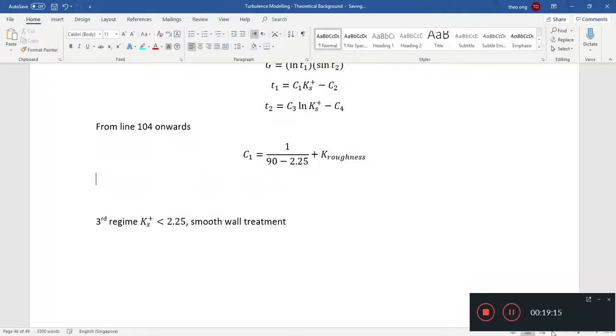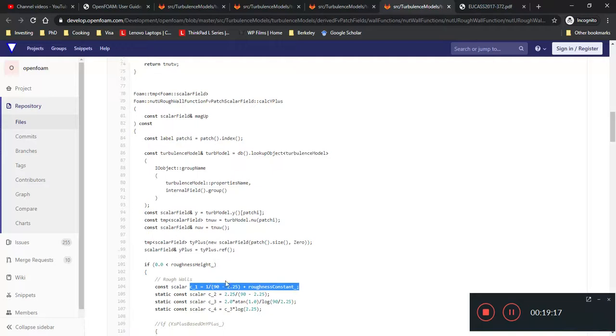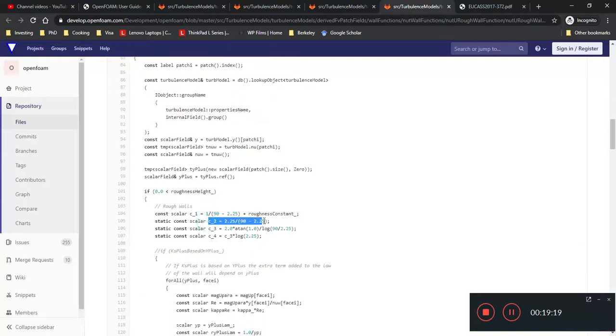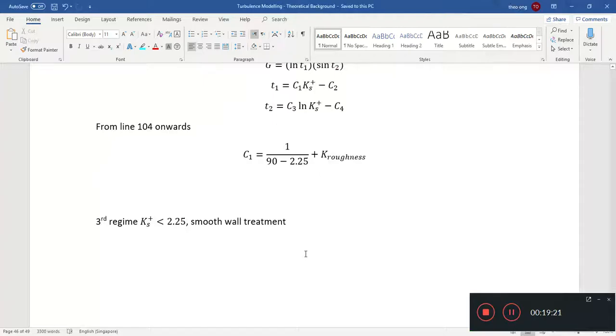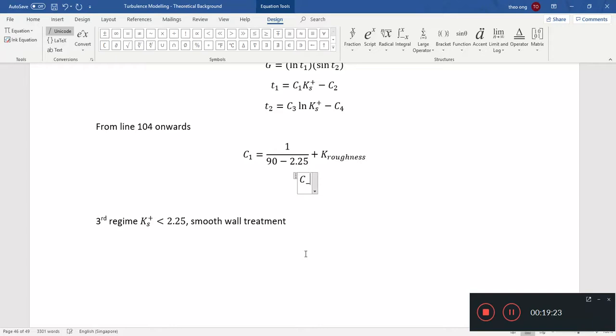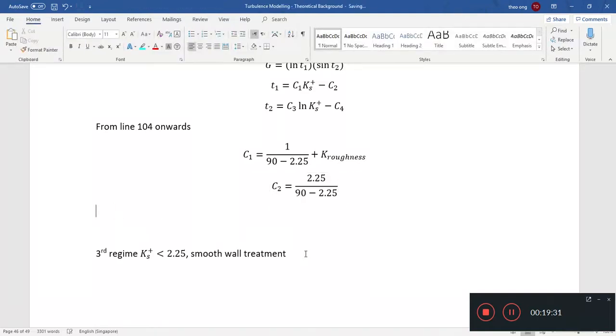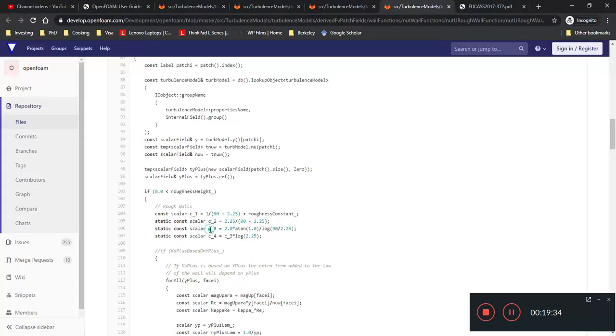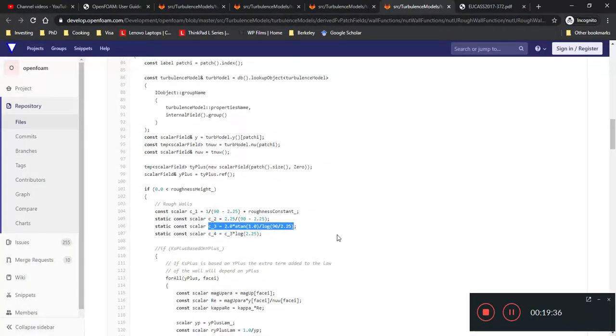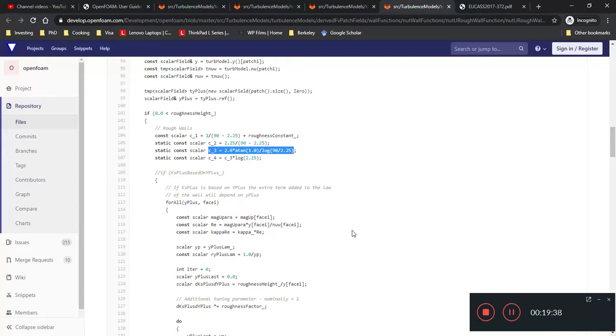That's C1. C2 is 2.25 over 90 minus 2.25. C2 equals 2.25 divided by 90 minus 2.25. C3. Whoa, there's an arctangent there. This gets a little bit more interesting.